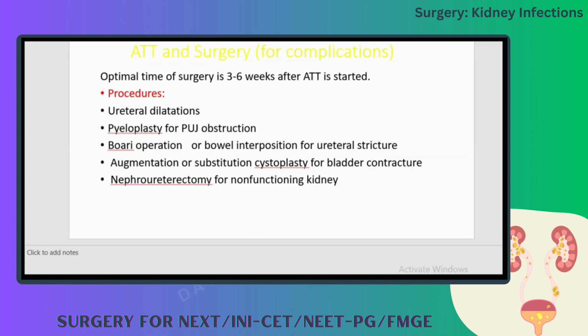And treatment. So the treatment part. If a patient is diagnosed with GUTB, never go immediately for surgery. Why? If you go immediately for surgery, what will happen? Will there be recurrence?